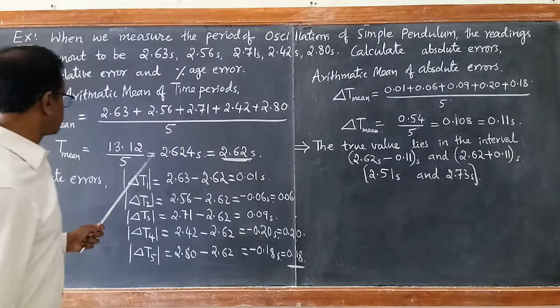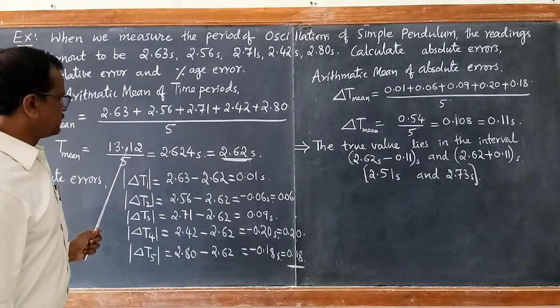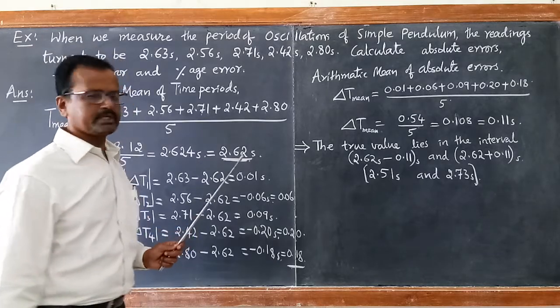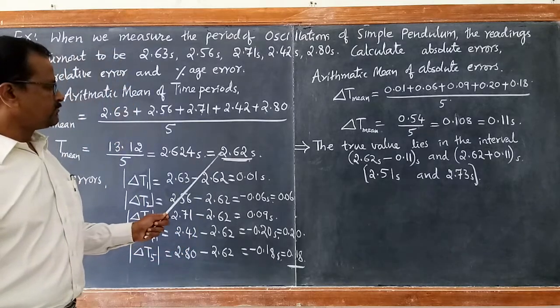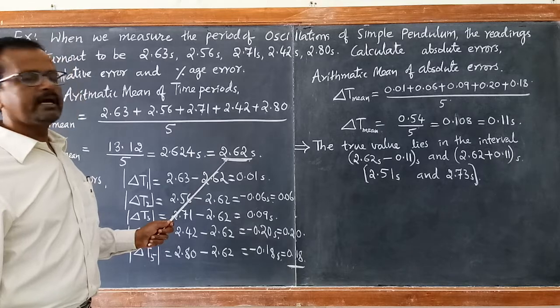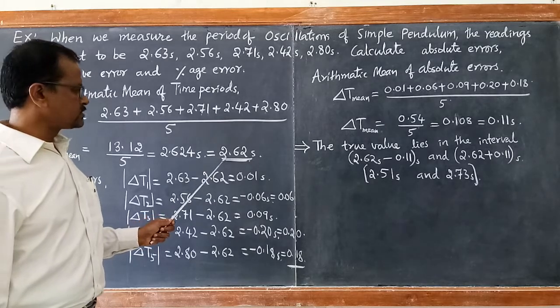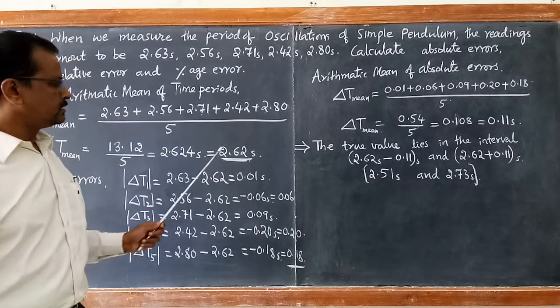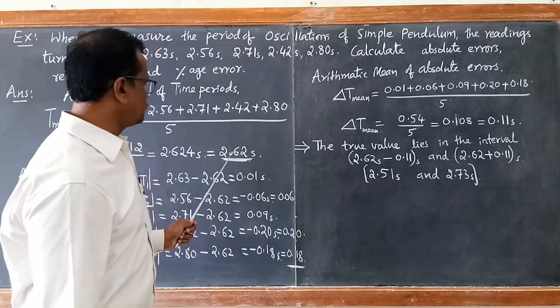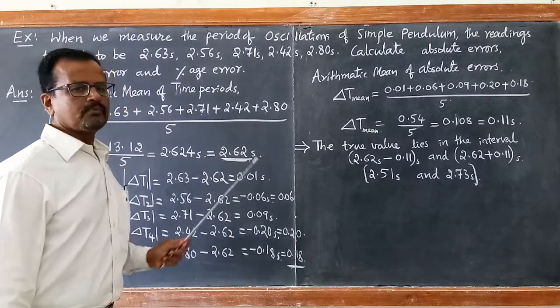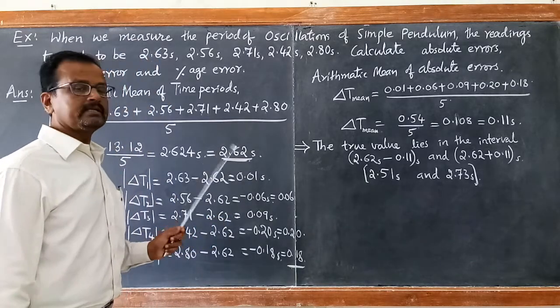Now T mean is 2.62 second. In this, the first two significant figures are reliable: 2 is reliable and 6 is reliable. So it is better to restrict up to the first decimal point, that is 1/10 of a second.